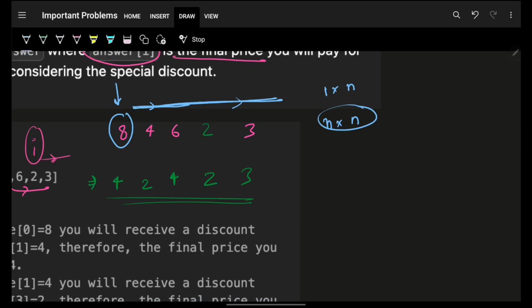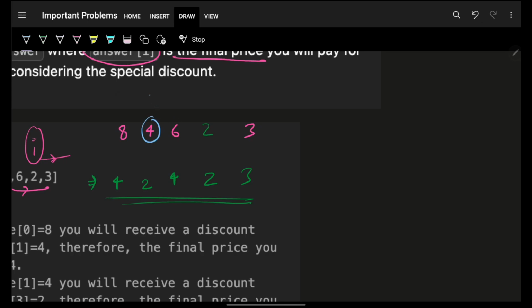Now, did you see a very standard thing? What is the standard thing? For any specific index, you're going on the right side and searching for the first index on the right that is less than or equal to myself.